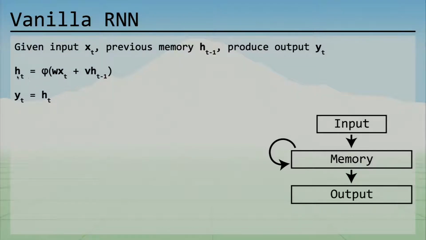And the idea here is that our new memory, our hidden state, is going to be some weights multiplied by our input x sub t, added on to some weights v multiplied by our previous memory state h sub t minus 1. These are both going to be matrix operations, so they will both produce vectors.